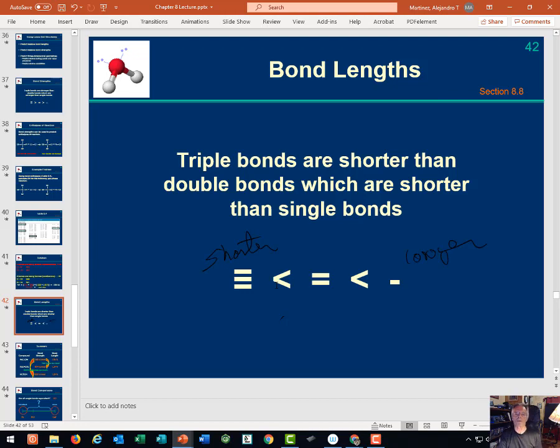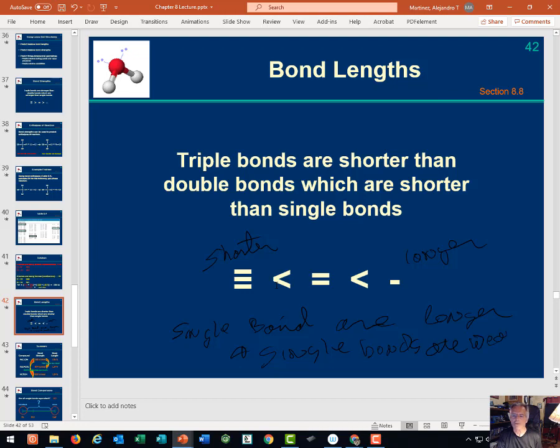So if I were to put this all together, I would say single bonds are longer, and single bonds, we're sticking with single bonds, are weaker.